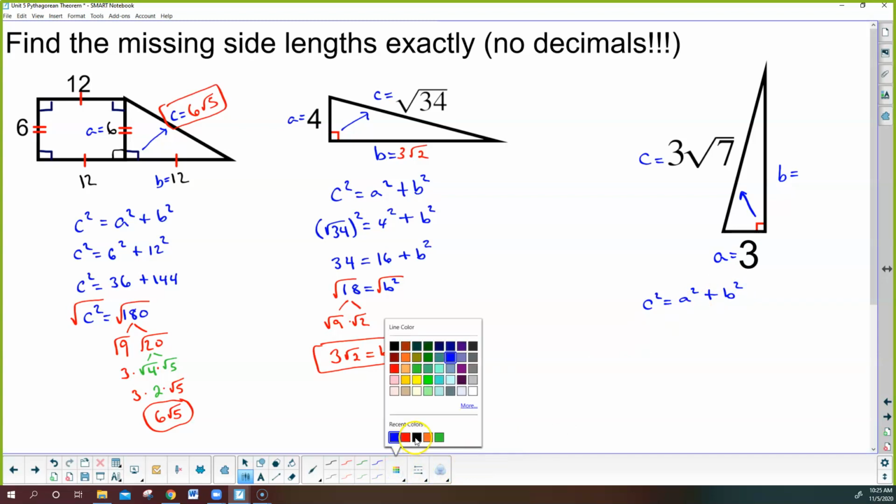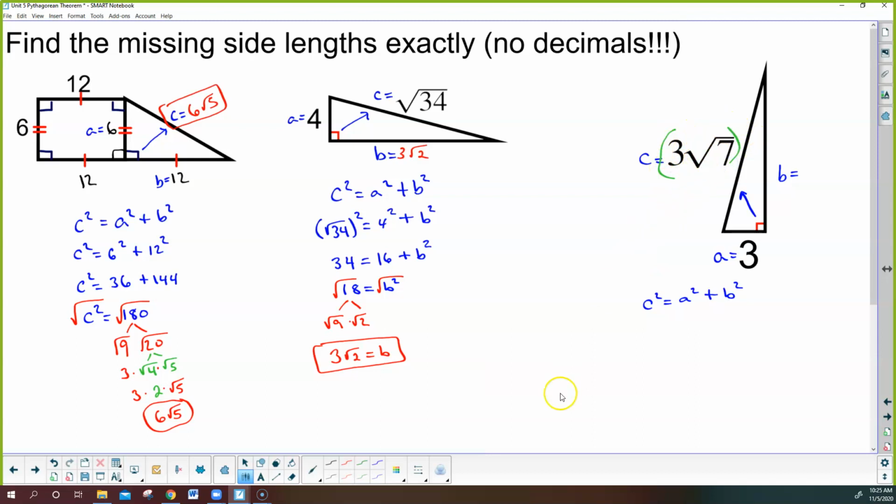Now here's the part where a lot of students make a tiny mistake. What are we doing? We're squaring the entire 3 square roots of 7.